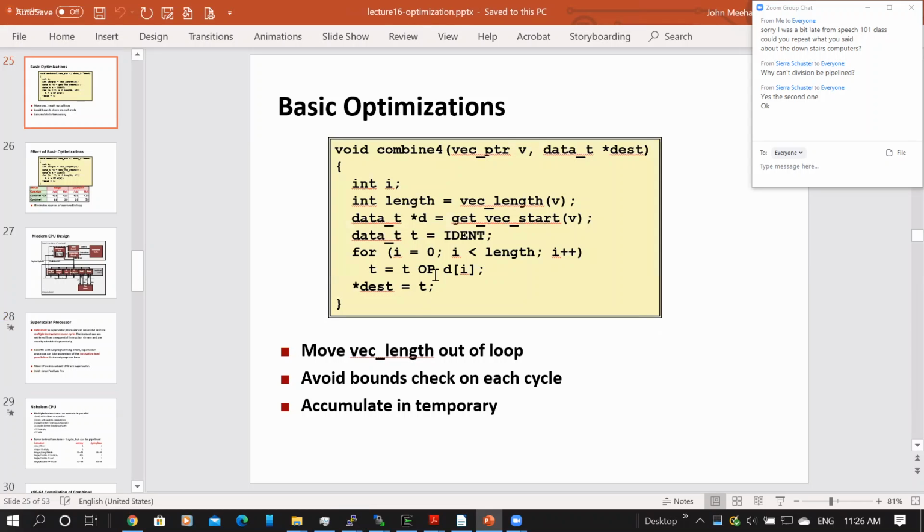The operation walks across the vector, accumulating into this register, and then we dump the register one time back to memory. As well, we got rid of going to memory every time to get the length; we grabbed it and put it in a local variable, so he presumably could keep that in a register too.